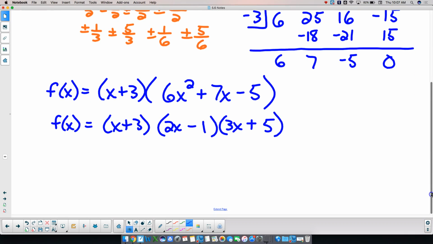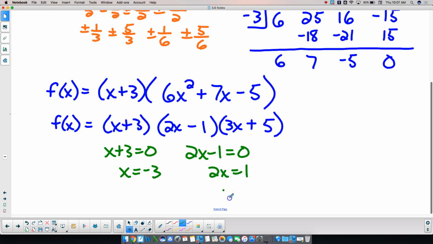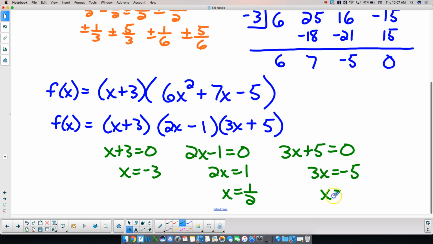Then from there, x plus 3 equals 0, x equals negative 3. 2x minus 1 equals 0, 2x equals 1, x is a half. 3x plus 5 equals 0, 3x equals negative 5, x is negative 5/3. So my zeros are negative 3, positive 1/2, and negative 5/3.